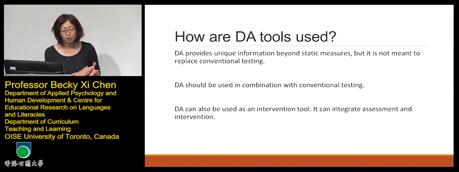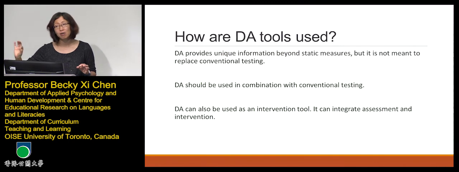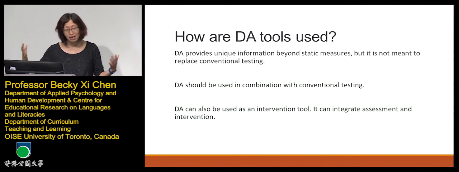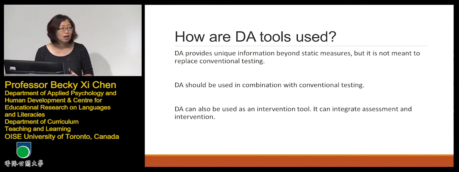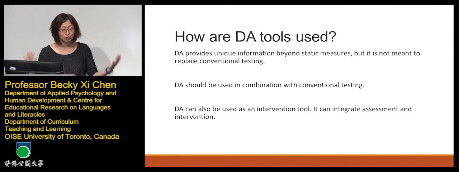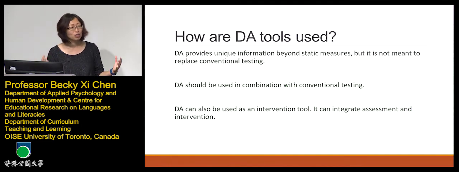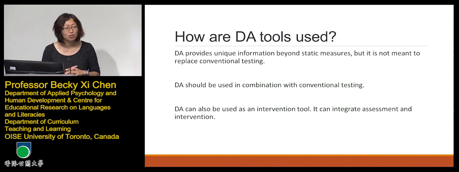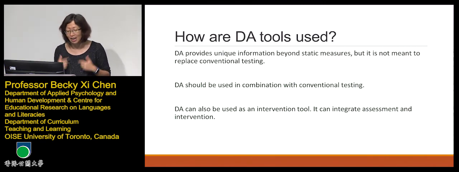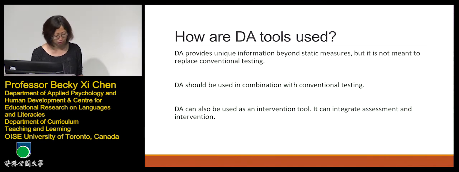For now, we use it for assessment, to predict children's reading outcome, to identify risk readers or readers with dyslexia or reading disabilities. But eventually, when we have enough data, we want to design an educational game that children can play, and by playing the game, they can improve their lexical specificity. So that's an end goal of our research.